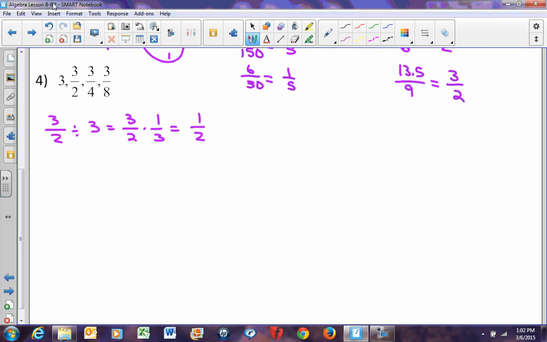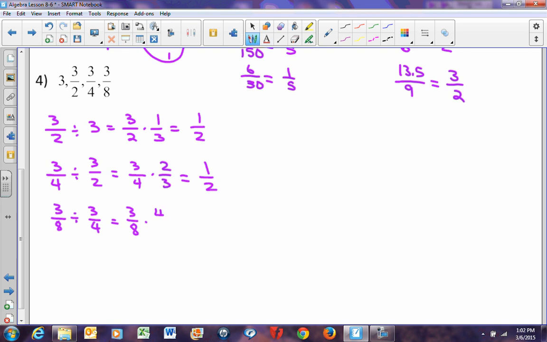So we take the next number, 3/4, and divide it by 3/2, which is the same thing as saying 3/4 times 2/3, which is, again, 1/2. 6/12 reduces to 1/2. Last but not least, we will have 3/8. We're going to divide that by 3/4, which is 3/8 times 4/3, which is, again, 1/2. So my common ratio is 1/2.